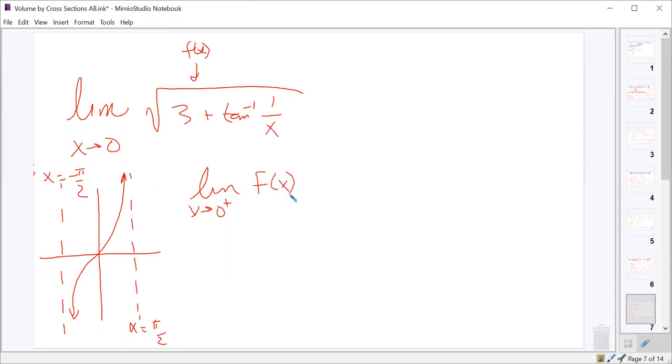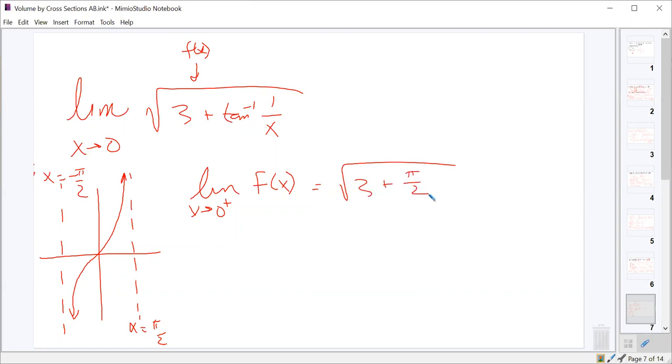If I look for that limit as x approaches 0 from the right, this infinity is a positive infinity, and I get the inverse tangent of positive infinity, which is pi over 2, and I get the square root of 3 plus pi over 2, which is great.